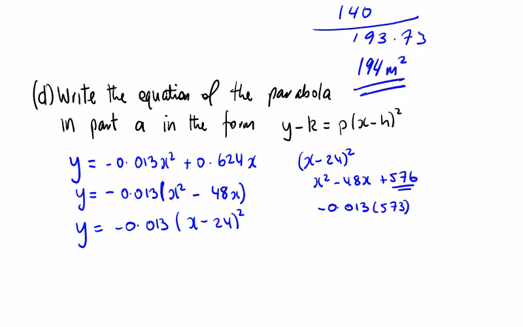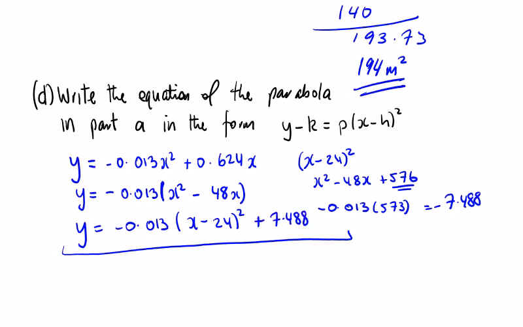So that's already in this equation. So what do I have to do? I have to balance it off. So this works out to be minus 7.488. So I would have to add on 7.488 to balance off the fact that I've brought in a negative 7.488. So bringing that to the left, I get y minus 7.488 is equal to minus 0.013 by x minus 24 to be squared.